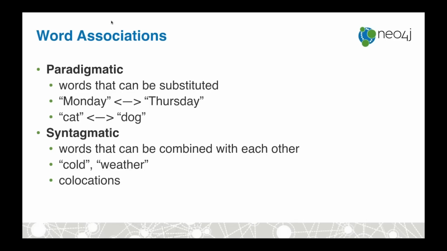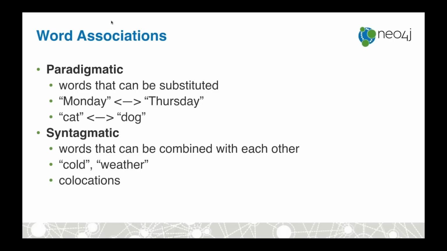Well, there are two basic types of word associations in natural language processing: paradigmatic and syntagmatic. Paradigmatic can be thought of as words that could be substituted for each other. So think of Monday, Thursday, cat, dog. We can substitute either of these in a sentence, and the sentence still probably makes sense.